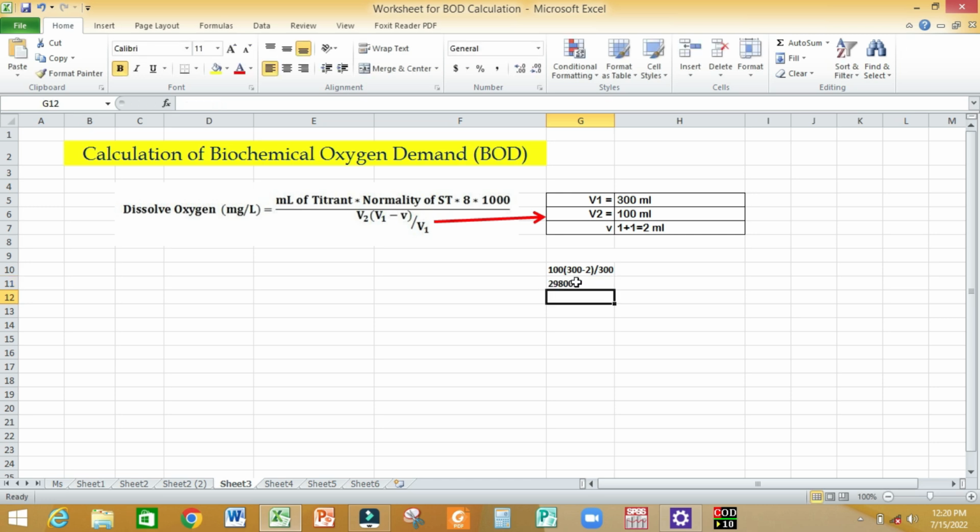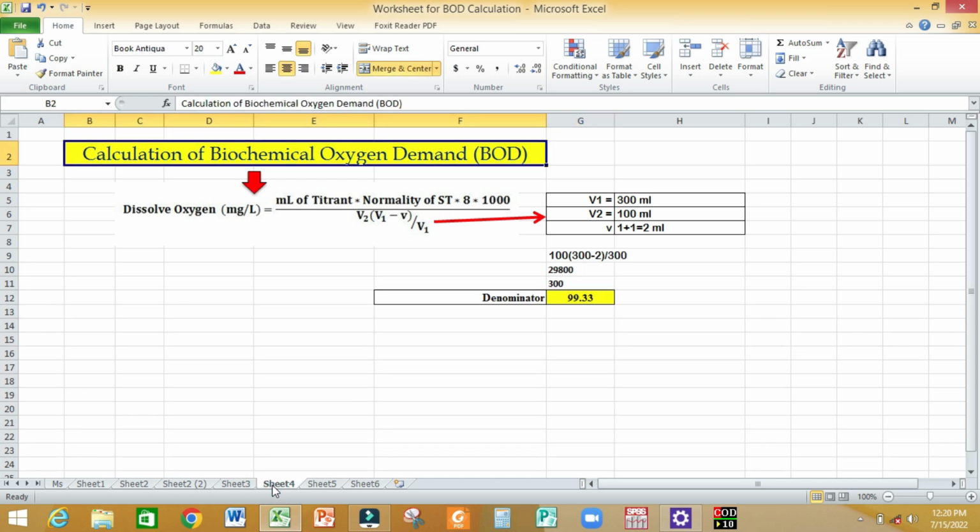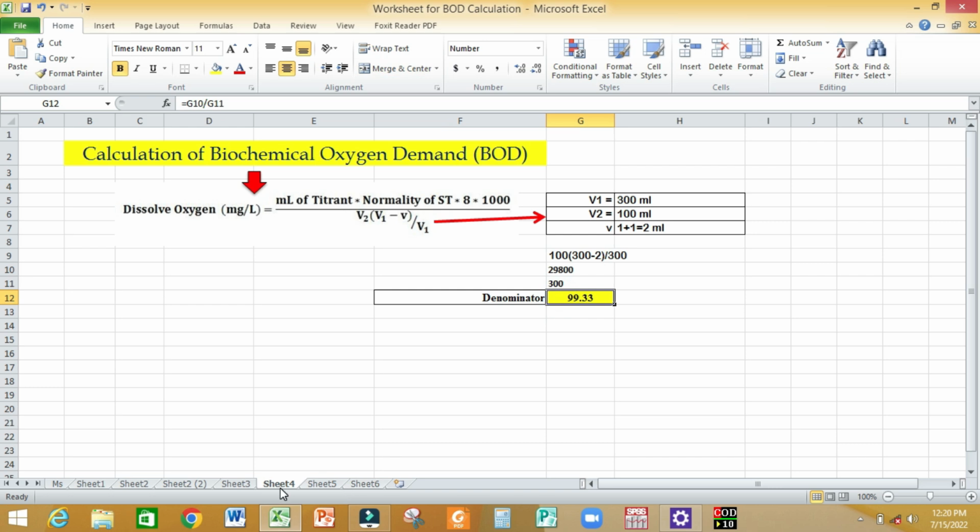So the denominator is 300, V1. Just keep V1 as 300. Now the value for this will be numerator divided by denominator. The value that you'll get is 99.33, which is the denominator for the formula, because this will be the same for all the samples. So that's why it's convenient to calculate the denominator first.